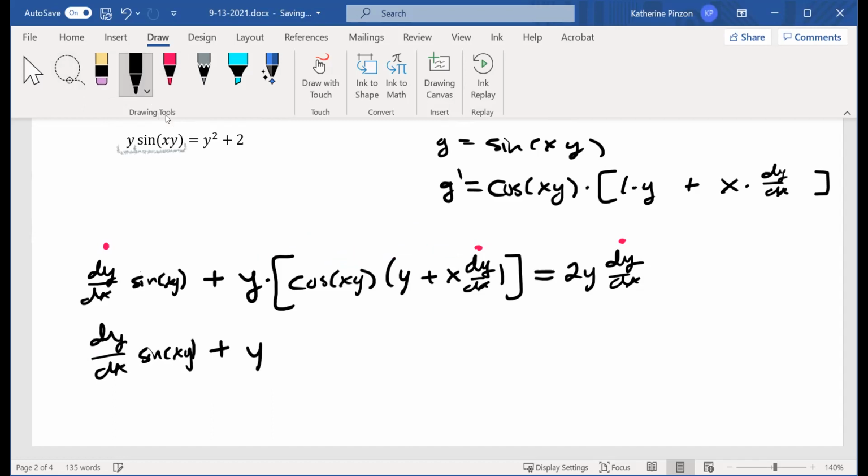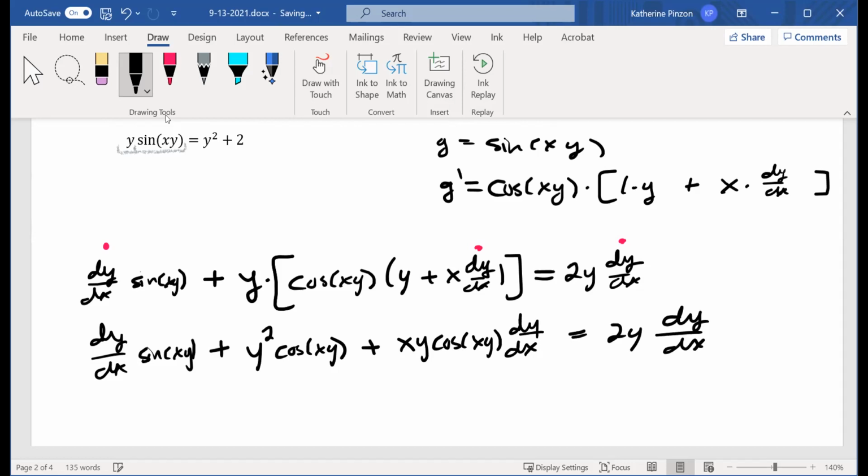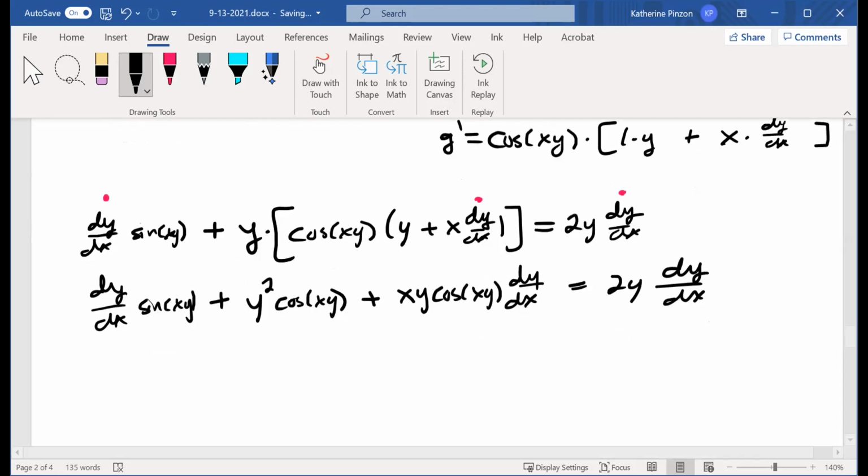So I have y squared cosine xy plus xy cosine xy dy/dx equals 2y dy/dx. So I did y times this, and then distributed it to both of those pieces.